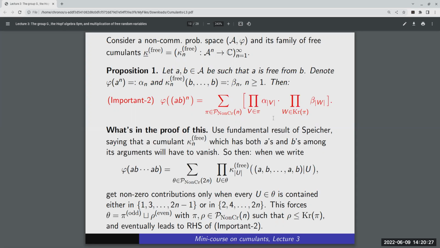So important one and important two have identical right-hand sides, with, of course, a difference in the meaning of the alphas and the betas. Again, you take the alphas, which are moments of A, multiply them together according to what the blocks of pi tell you. Take the betas, which are the free cumulants of B, multiply them together according to what the Kreweras complement tells you, multiply together, sum over pi.